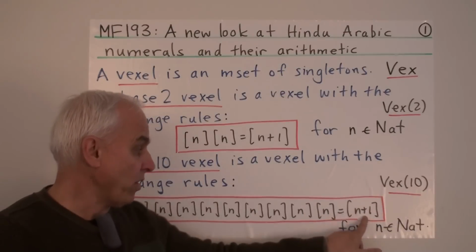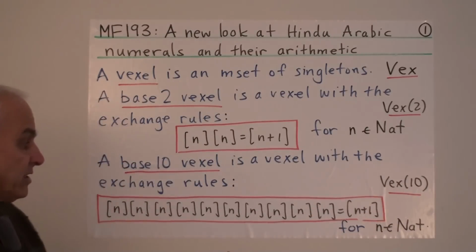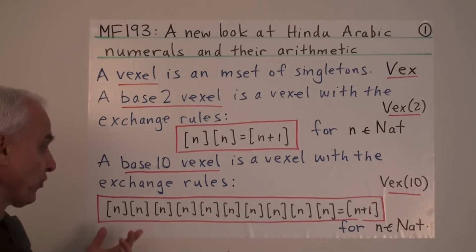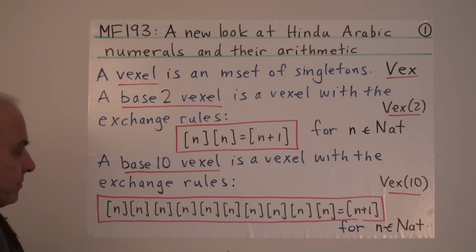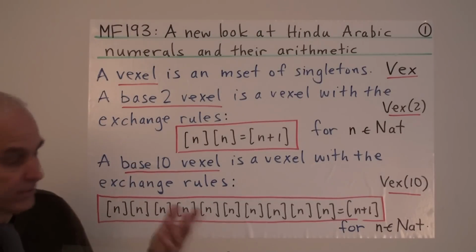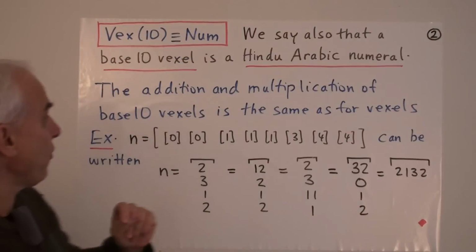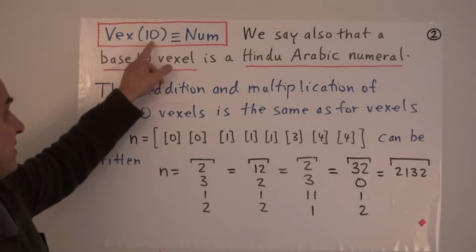And conversely, one of these can be exchanged for these. And the crucial thing, of course, is that there are 10 here on the left-hand side. That's why we're getting a base 10 vexil. And so our type for these base 10 vexils is vex 10.